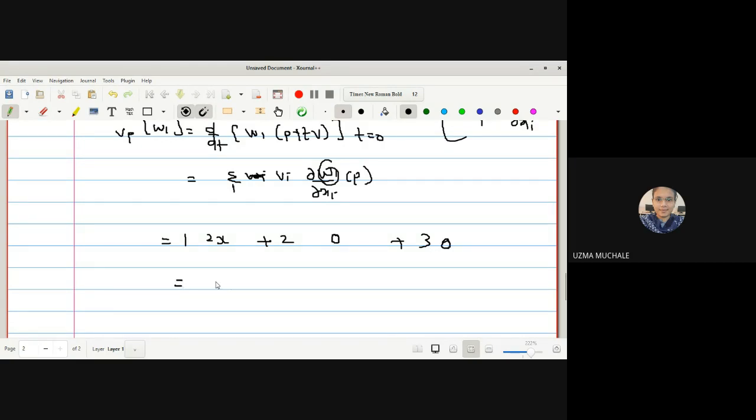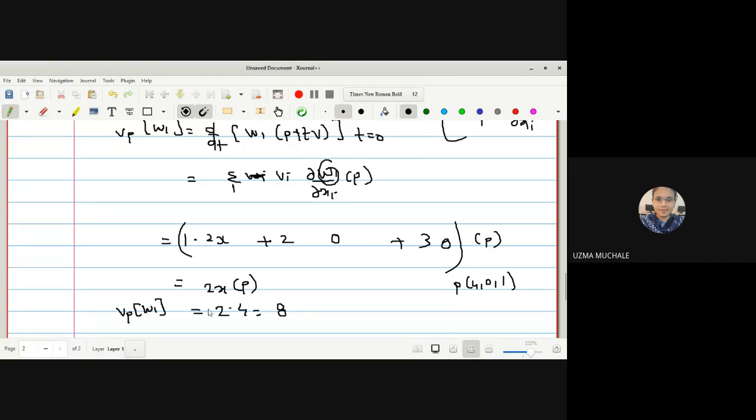So you simply get 2x, and we want to evaluate this at the point P. So 1 into 2x evaluated at point P, so 2 into x evaluated at P. What are the coordinates of point P? It is (4, 0, 1). So after putting 4 into 2, it is 8. Okay, correct? This is the answer we got.